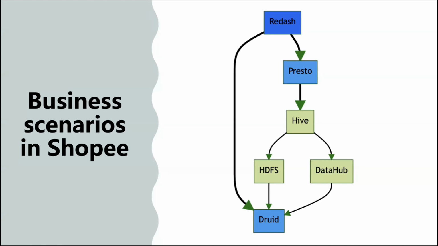Usually, we ask the business to export the data from Hive into HDFS, and then Druid will create ingestion tasks to read those HDFS files. But SeaTunnel can quickly build up this pipeline to reduce the workload. By the way, the data hub here is our internal name for SeaTunnel.